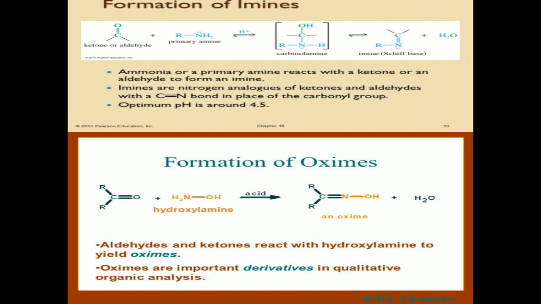that primary amine bonds with the carbonyl group at the carbon like this way, by losing one hydrogen as H plus, which adds on the carbonyl group oxygen atom to form an intermediate, carbinolamine.